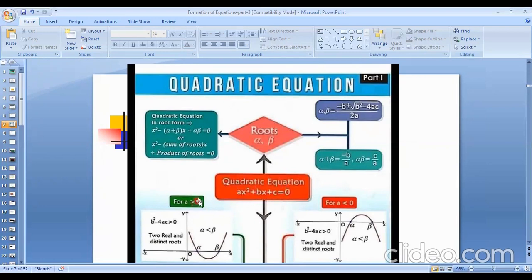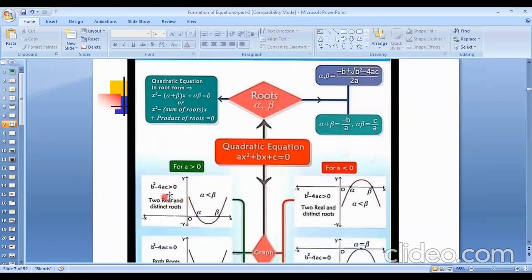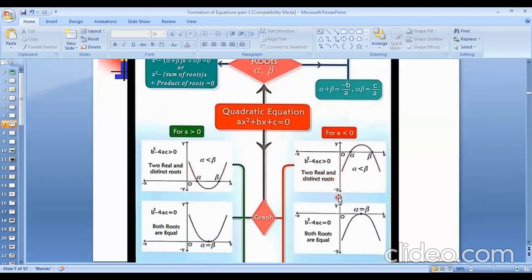So for a greater than 0 and for a less than 0, we get the nature of the roots. That means b square minus 4ac is the discriminant in this formula. B square minus 4ac discriminates the nature of the roots. Will they be real, imaginary or unequal? If b square minus 4ac is greater than 0, then there are two real and distinct roots. If a is less than 0, it will also be two real and distinct roots.